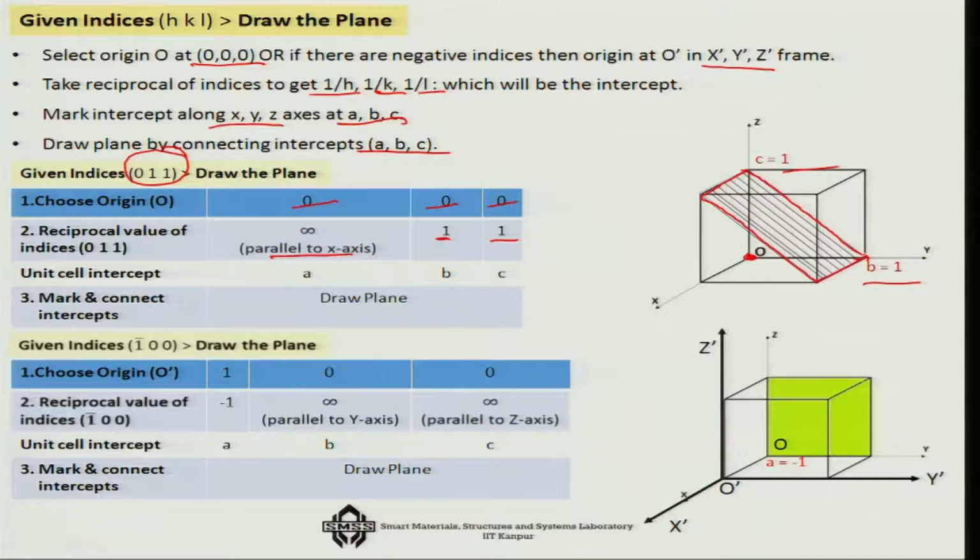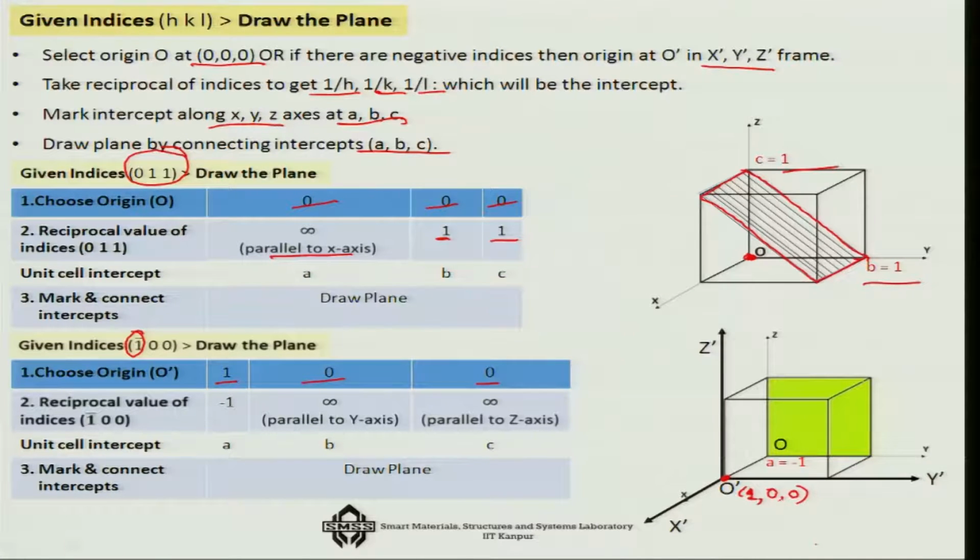Suppose I give a negative Miller index 1 bar 0 0, then what do I have to do? I have to select an origin such that this 1 bar will be 1, and the 0s will be 0. So, with respect to my earlier case, I have to shift it now. This is my new position, where O prime is 1 with respect to the earlier coordinate system, then 0 along y and 0 along z.